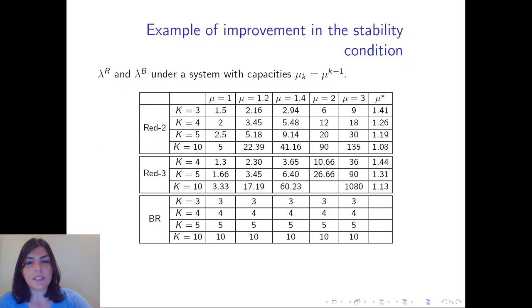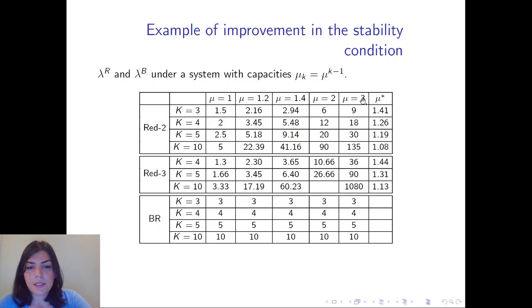We consider the redundancy D model with heterogeneous capacities, where the capacity of a server K is mu to the power of K minus 1. We compute the stability condition for redundancy 2 and redundancy 3 for different numbers of servers, also for the Bernoulli routing system, and for different values of mu.